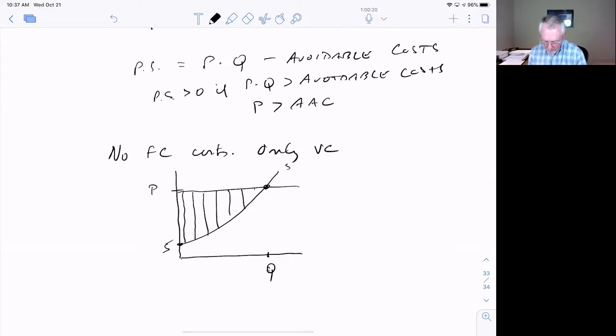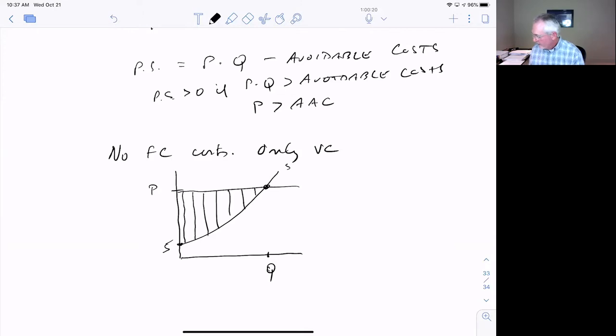So the total producer surplus would be the area between the price line and the marginal cost curve, right? It's the marginal cost curve, not the average variable cost curve.